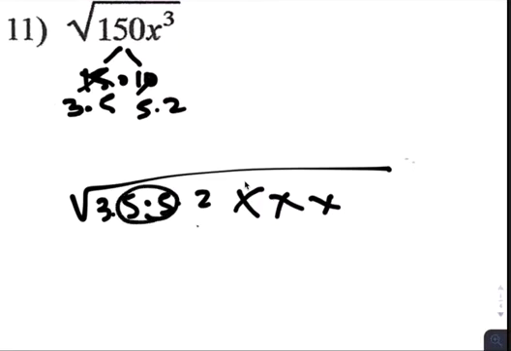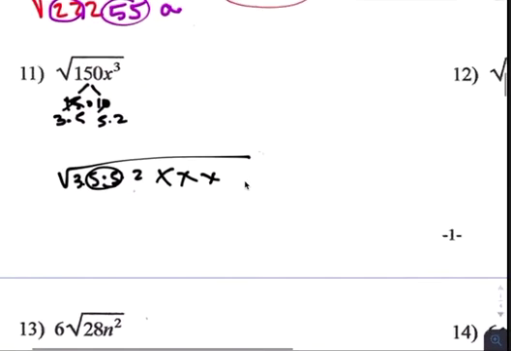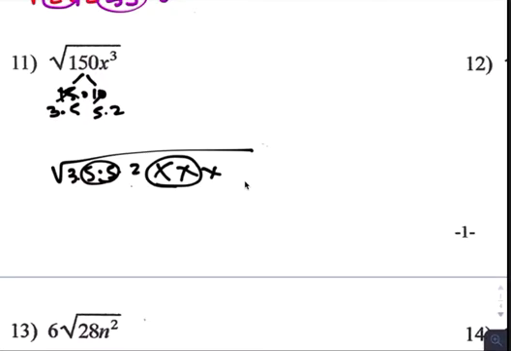That pairs up. So your answer is 5 to the first, x to the first, square root of 2, not 2, 2. This one only, so 2 only, and then the other one is the x.